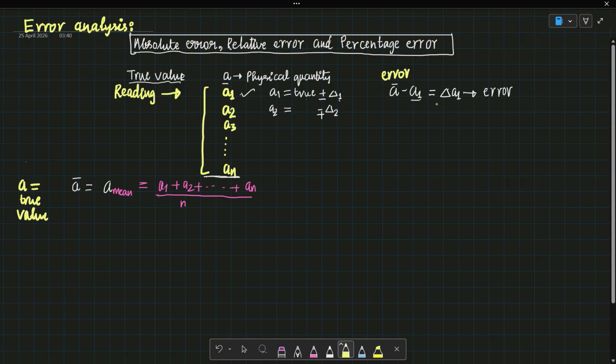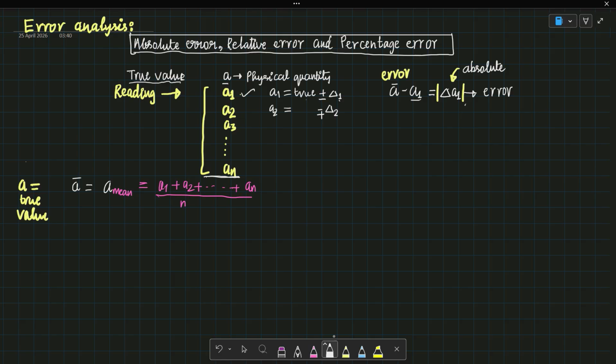So what we do is take the mod of this, or we say that we are taking the absolute value of the error, the absolute error. So mod delta A1 is the absolute error.